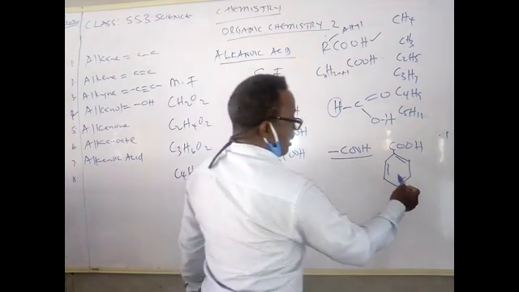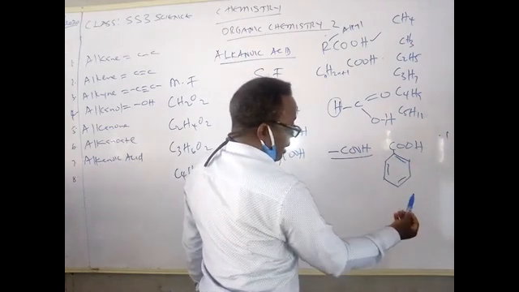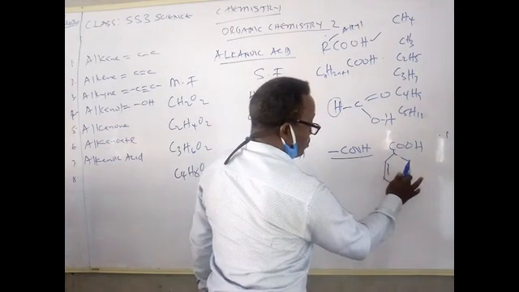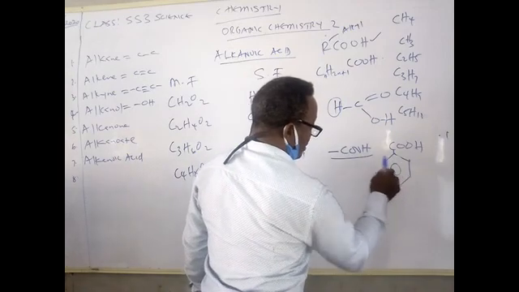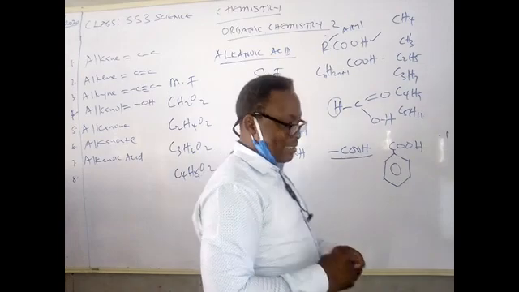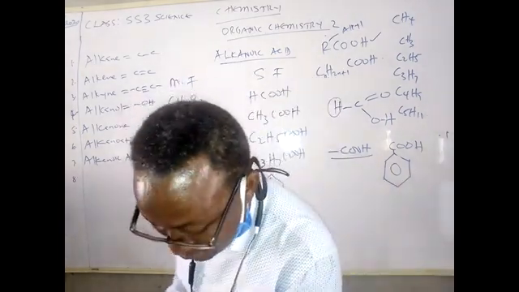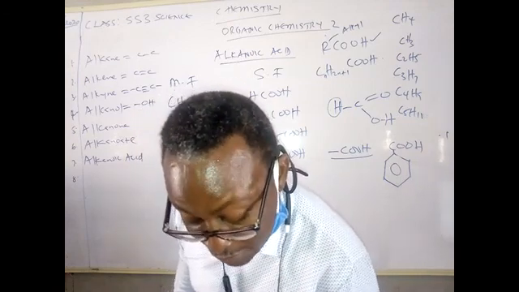So this is benzoic acid. And if I don't want to put the double bonds, I could just cancel them and put my cycle there. So that's an example of aromatic carboxylic acid. There are some other examples, but I don't want to talk too much on that.